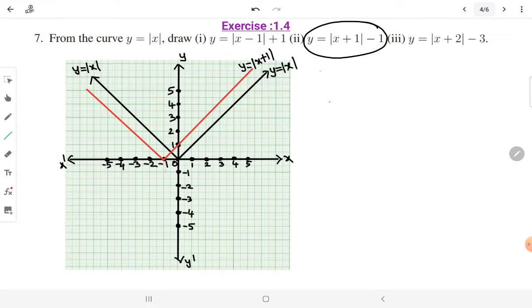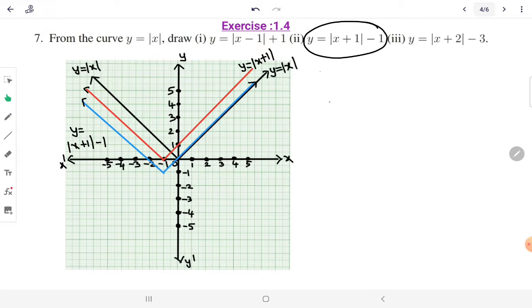Before it was here, and since it shifts downward by 1 unit, draw this blue color graph. This blue color graph is your final answer. So mark this blue color graph as y is equal to modulus of x plus 1 minus 1. Okay, I hope I am clear.